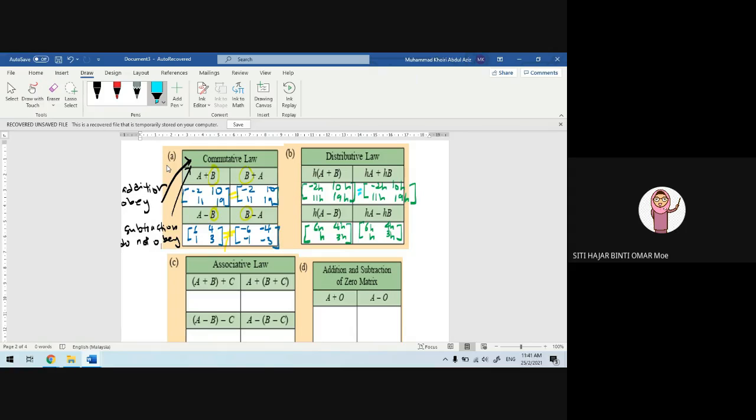For subtraction, the answer is also the same. Okay. So we can say that addition and subtraction both obey the distributive law.